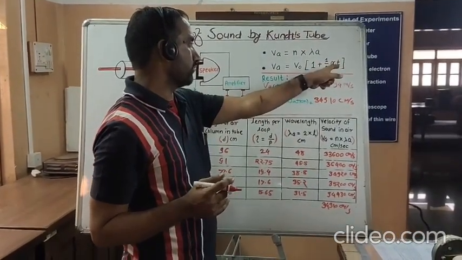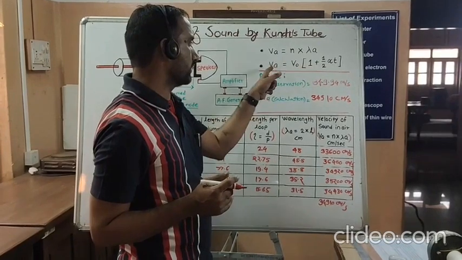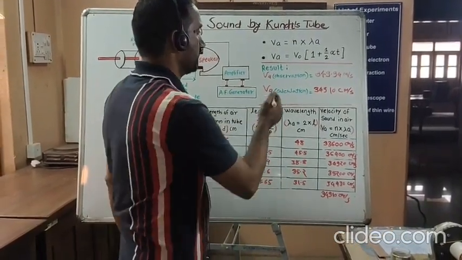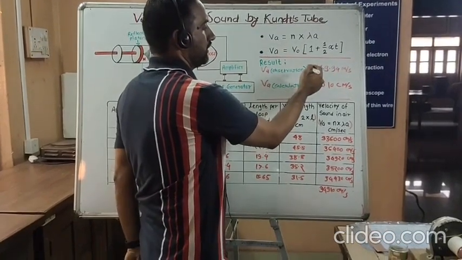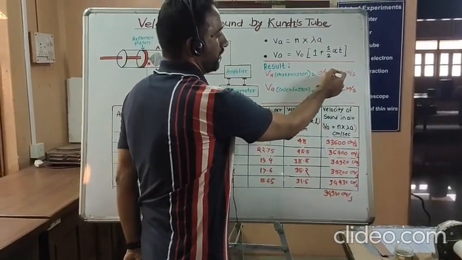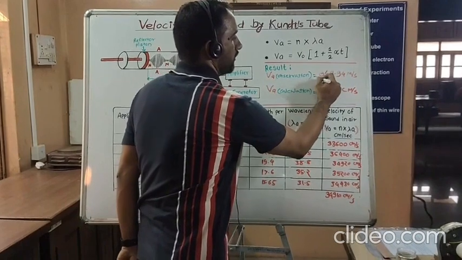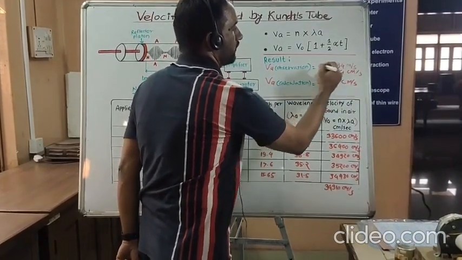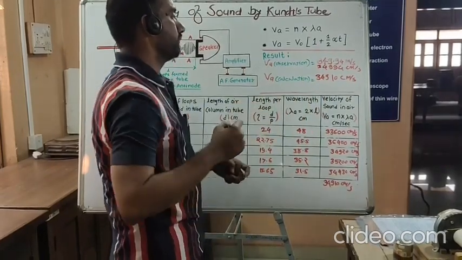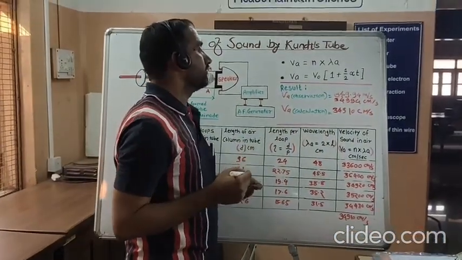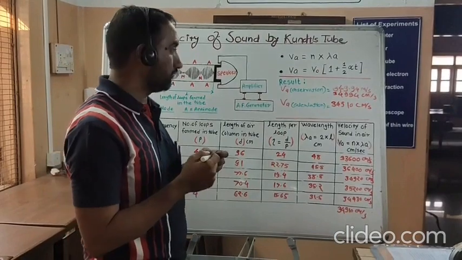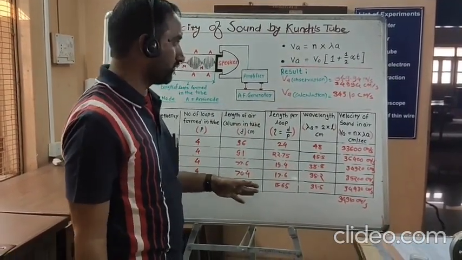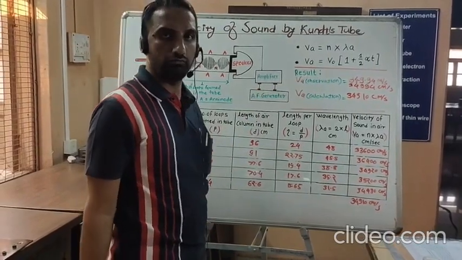Substituting all the values in this equation, we get the velocity of sound in air from this mathematical formula as 34,994 centimeter per second, that is equal to 349.94 meter per second. So in this way we can find the velocity of sound in air with the help of this Kundt's tube for different frequencies, and compare it with the theoretical value.